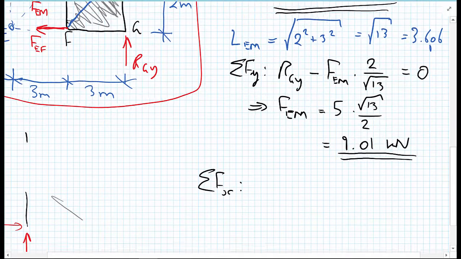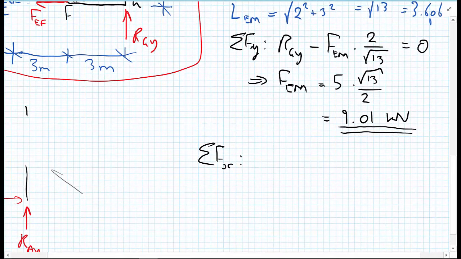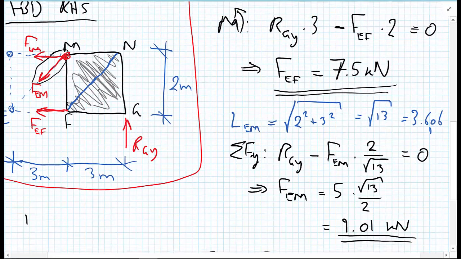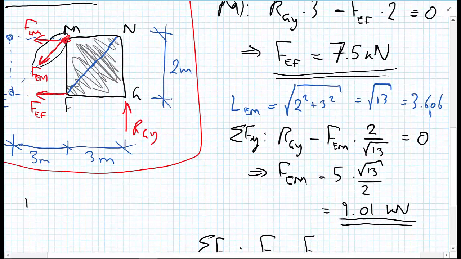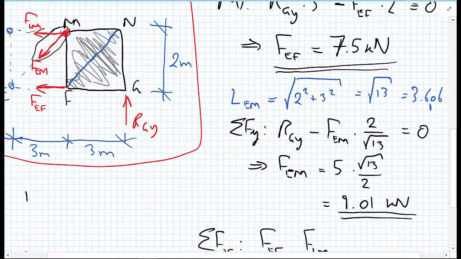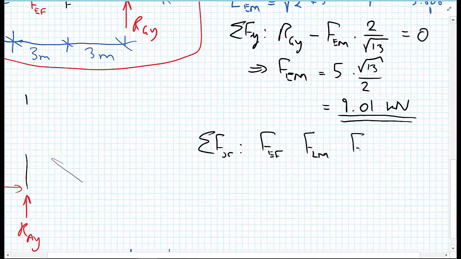We have FEF pointing to the left, FLM also pointing to the left, and FEM also pointing to the left, and for FEM we have to have the component of that because it's at a diagonal, so that is 3 over square root 13, and the sum must be equal to 0.